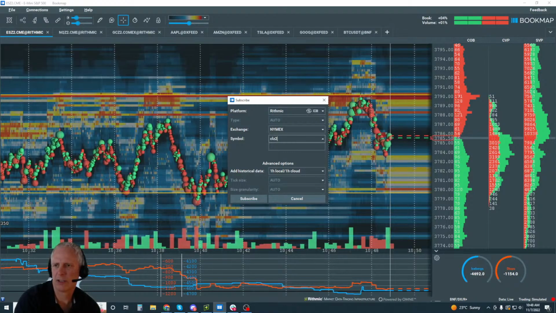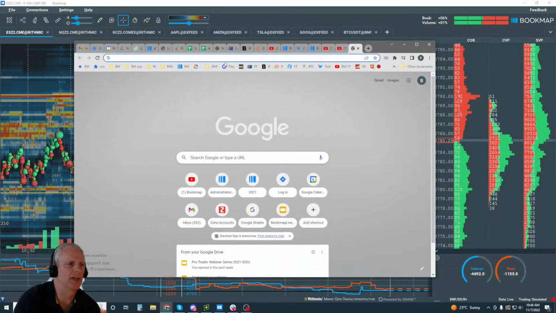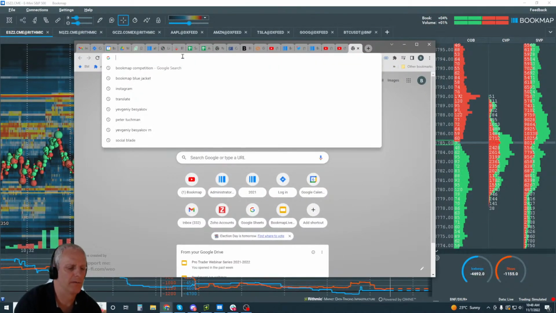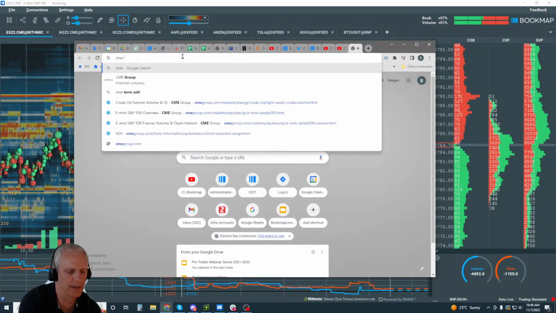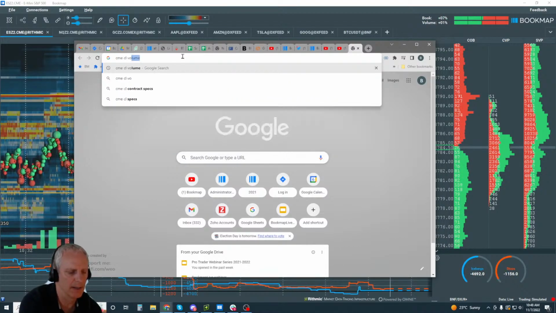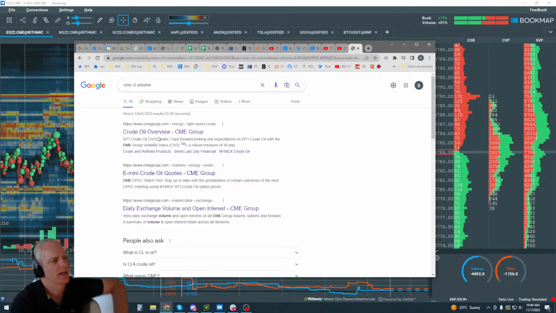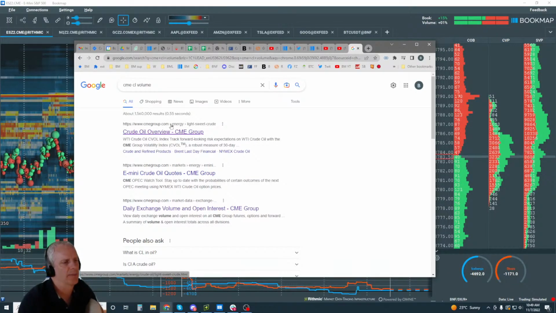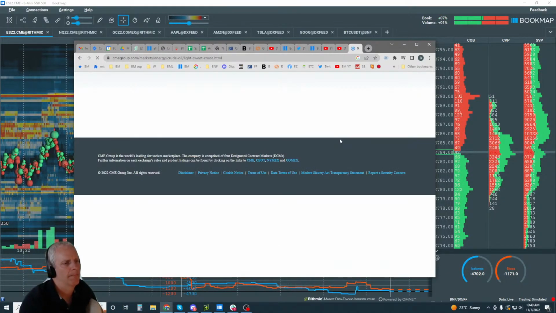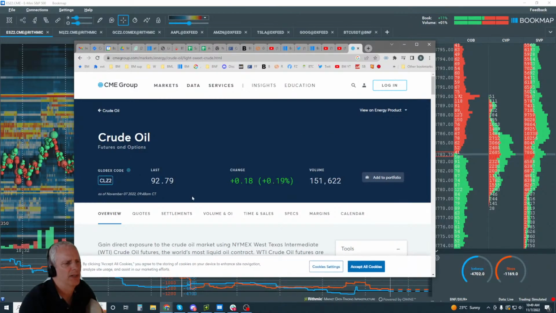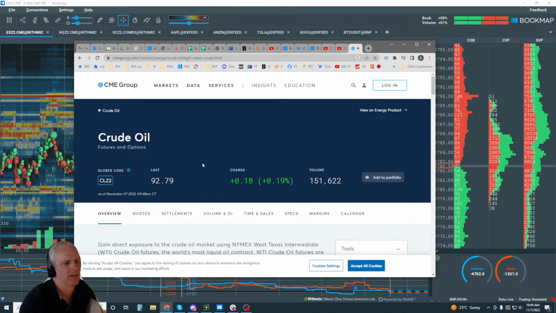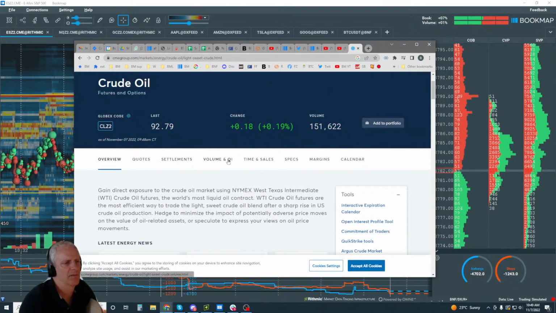Let's take a quick look. Here's my way of looking that up, guys. Very high tech. CME, CL, volume. Click on the contract specs here from the CME, and it should drop us into the Z contract here.